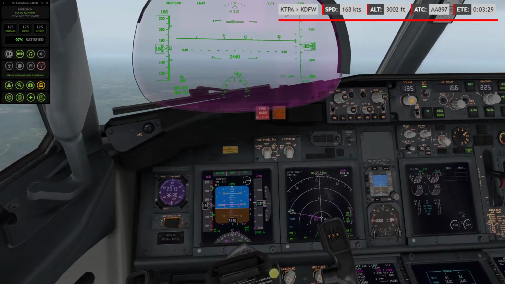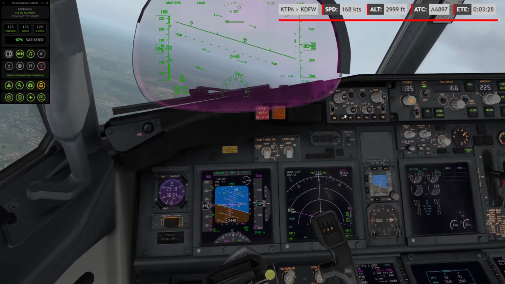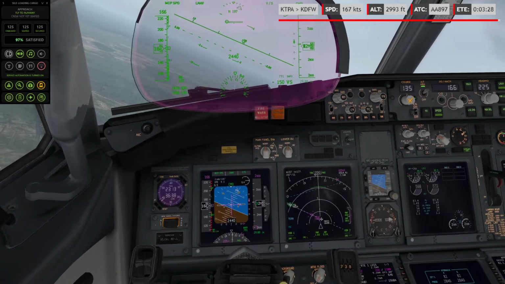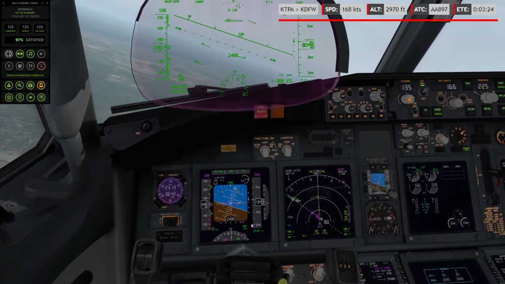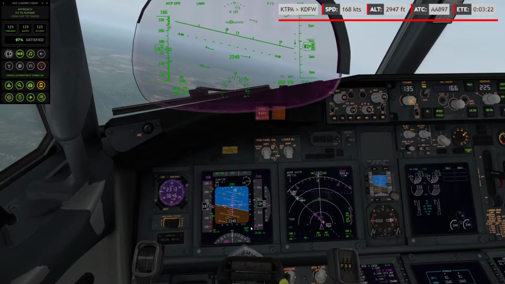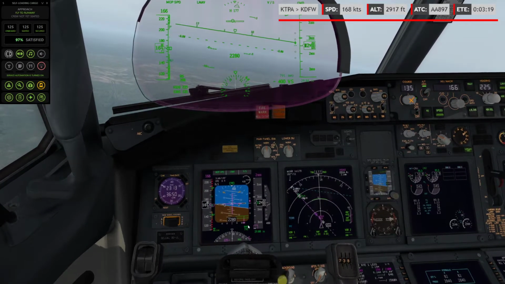So go around is 3000 feet. You just have to start the descent here first, because what happened is we do not have the localizer. We have the glide slope, so we just have to follow the glide slope first.